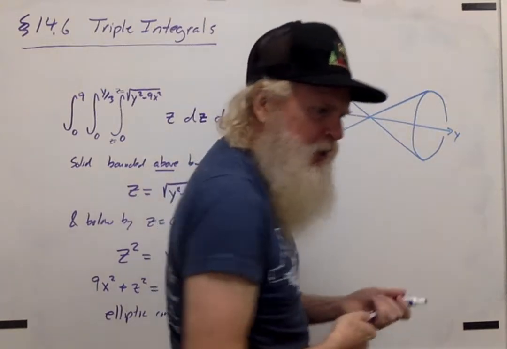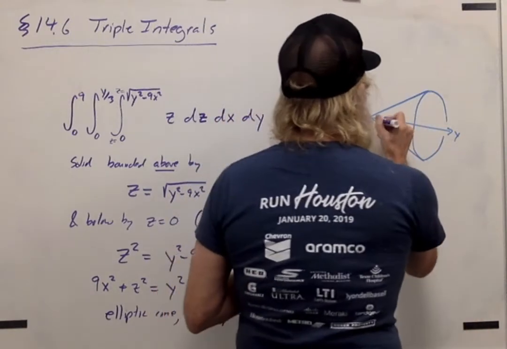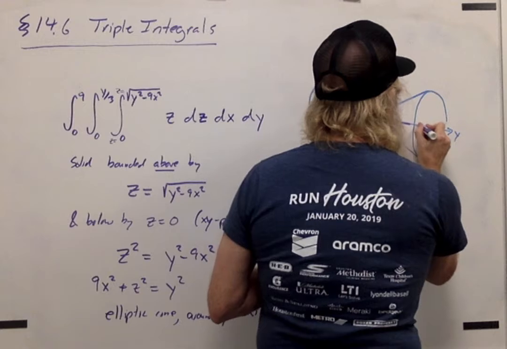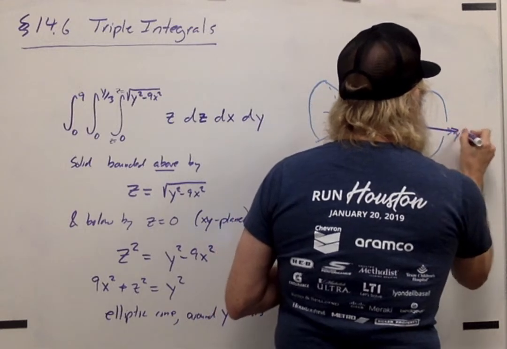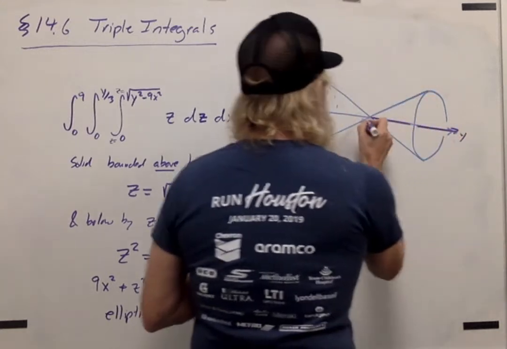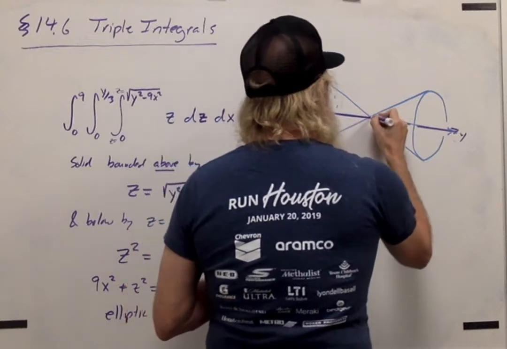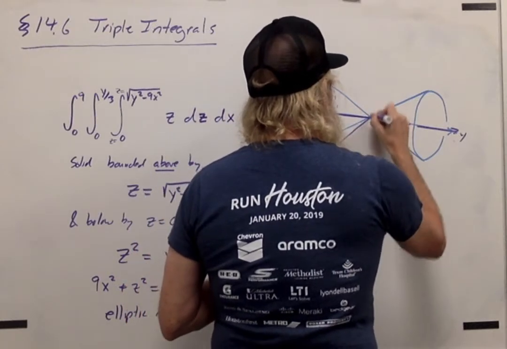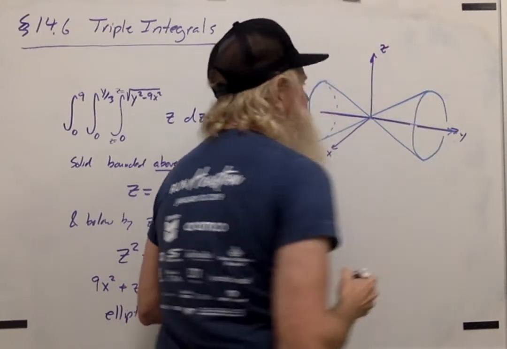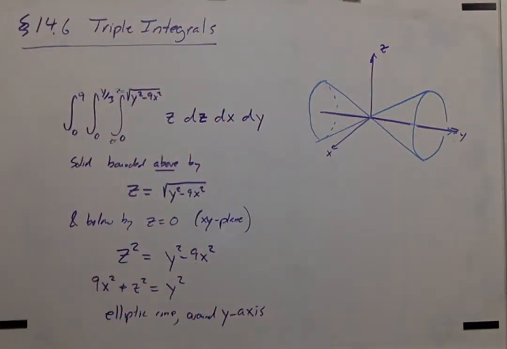So let's maybe change colors for the axes. Let's maybe put the axis in purple. So that's the cone, and the cone is going to be the top surface for this region.